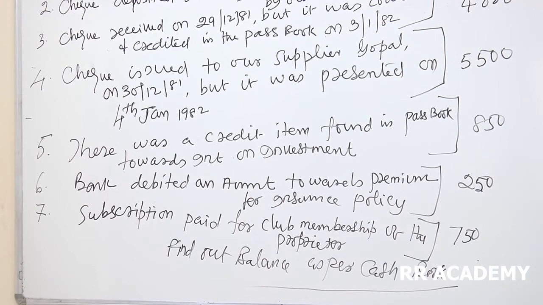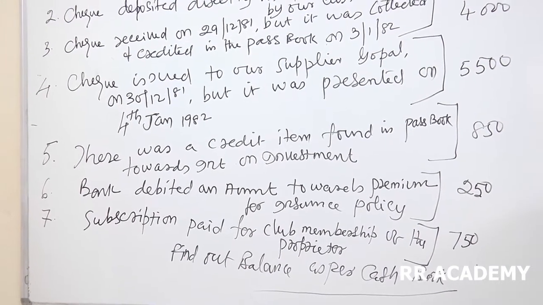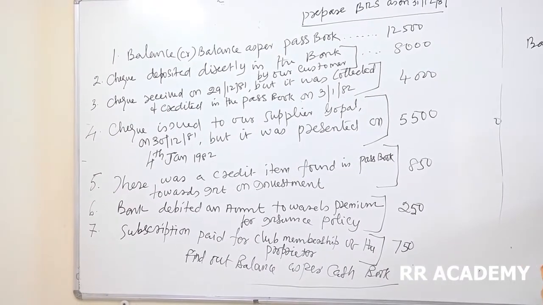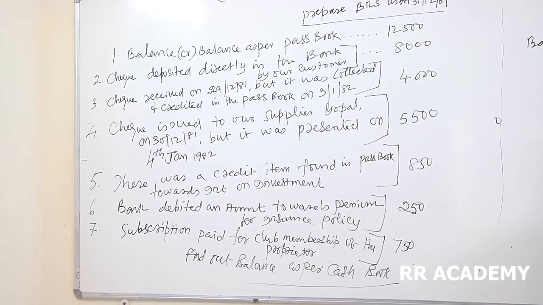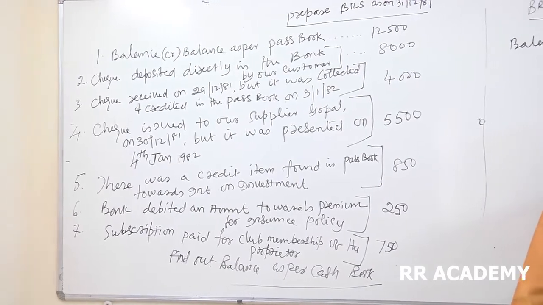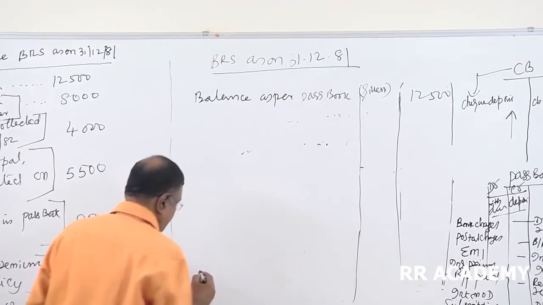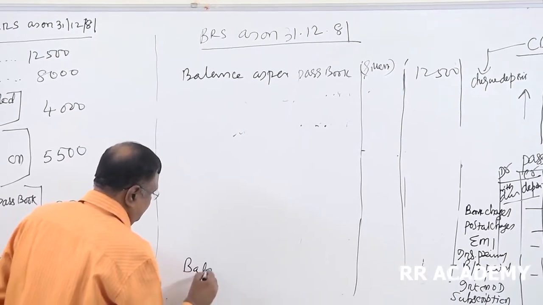Right, friends. Now we will go through the sum. Balance as per passbook, 12,500. This is what is given, and that's very important. What is to be found here?